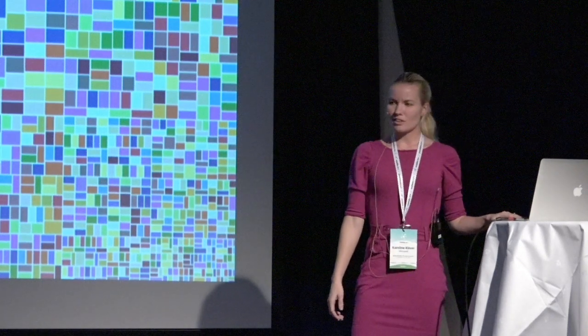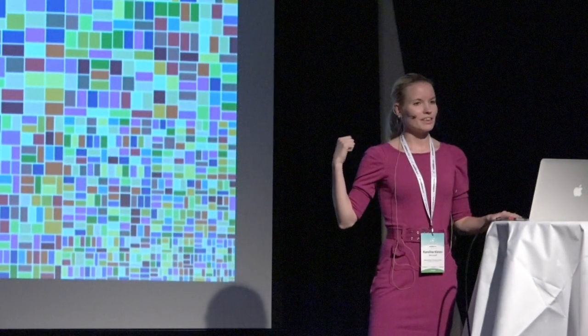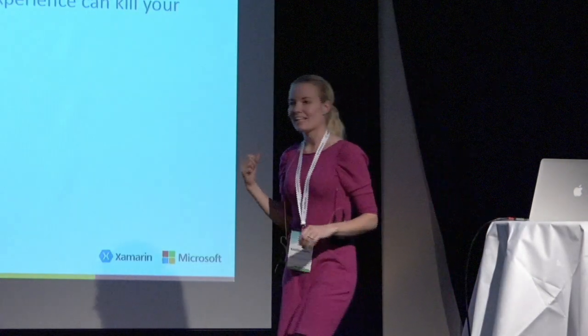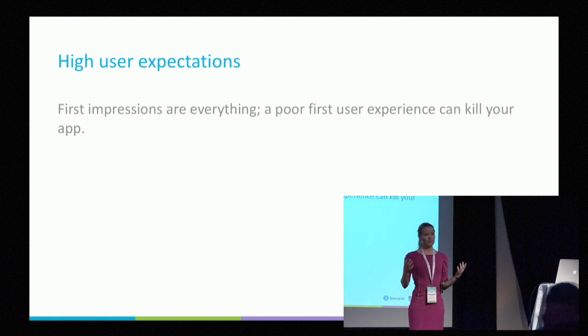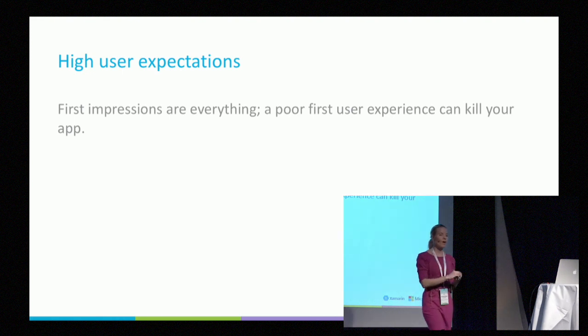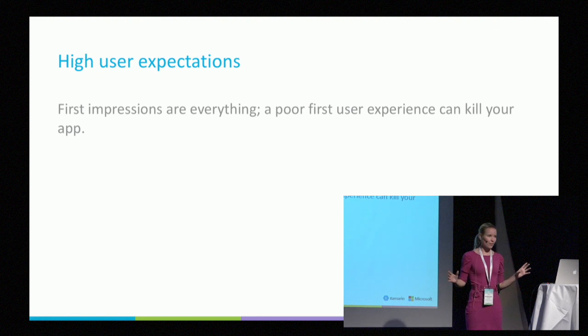Now, the users of your app, the end users, they don't really care that this is a challenge for you because they have extremely high expectations as to how your app should perform. Your users, they expect you to deliver a top quality 5-star app that works no matter what.